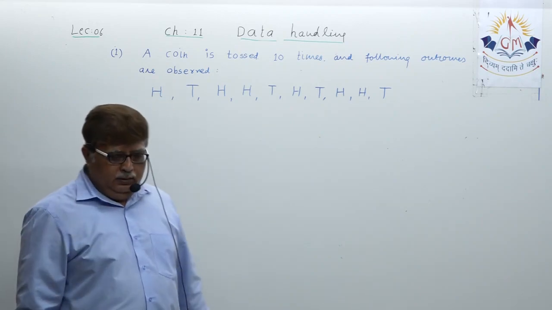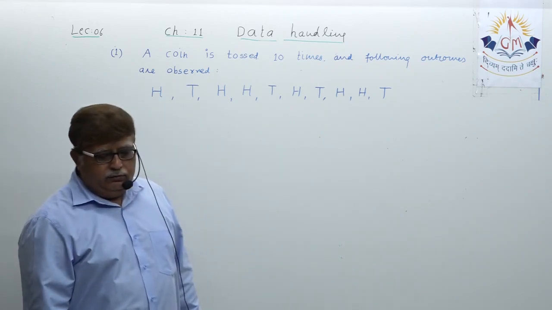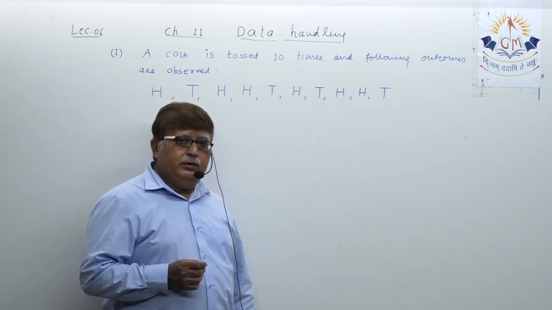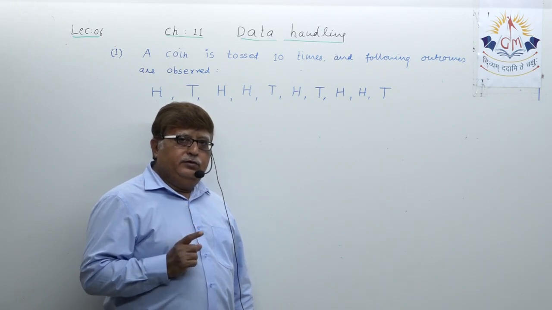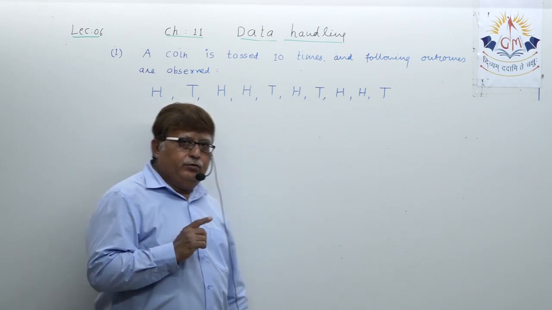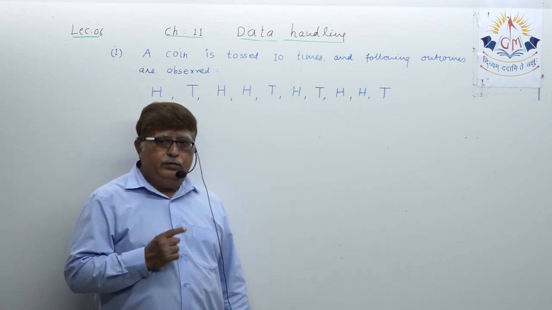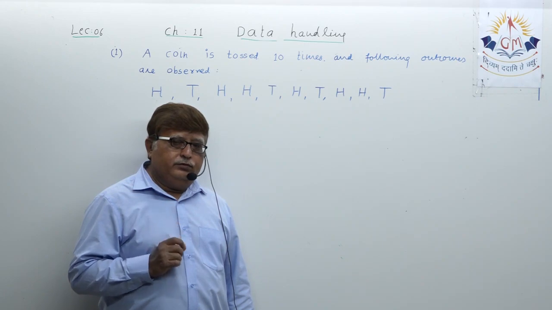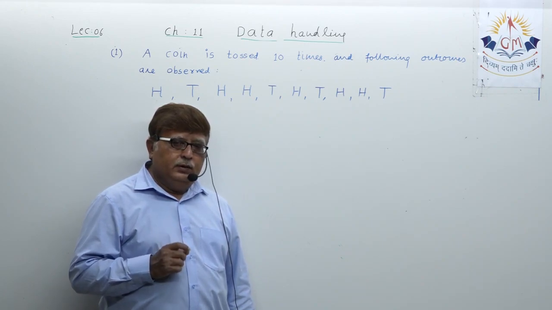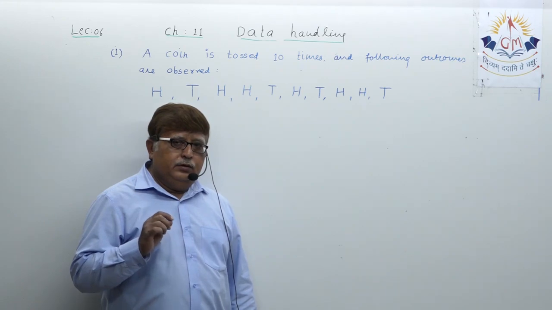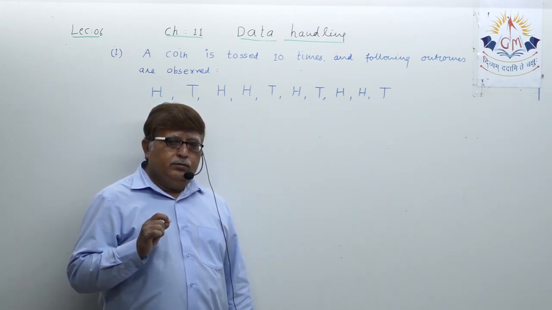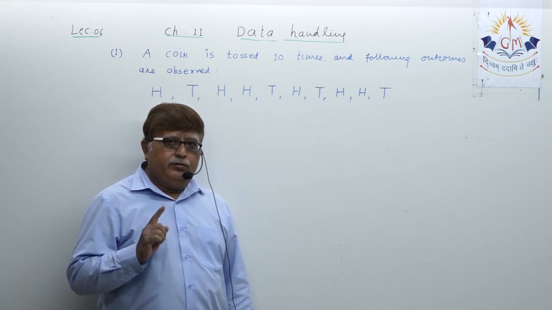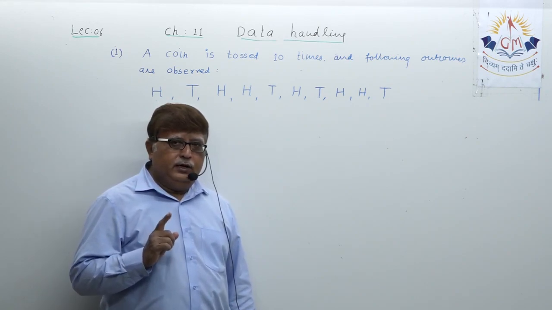Understand? Now, what is the question here? If you can remember, in the example which we have solved in the previous lecture, what was the question at that time? It was the question, prepare frequency distribution based on number of heads.